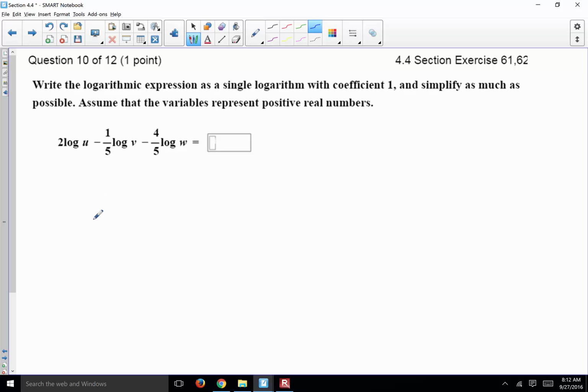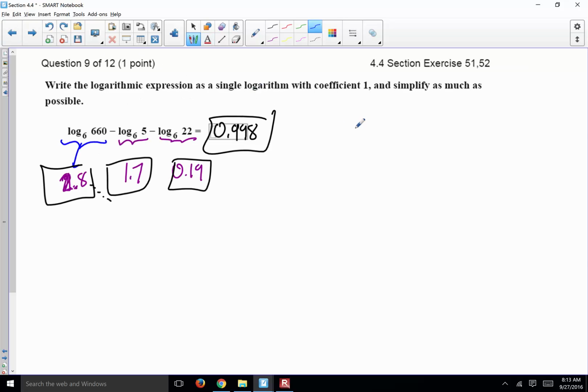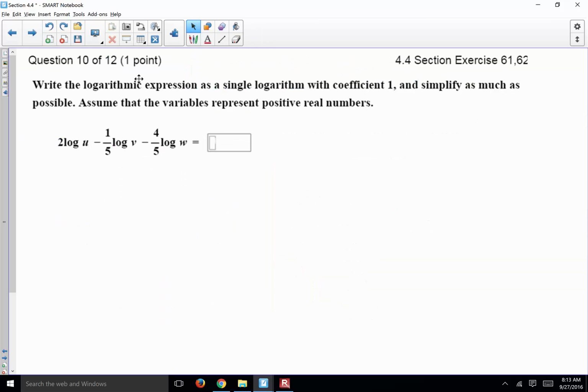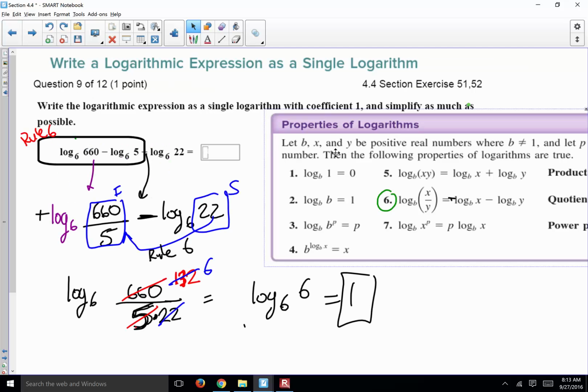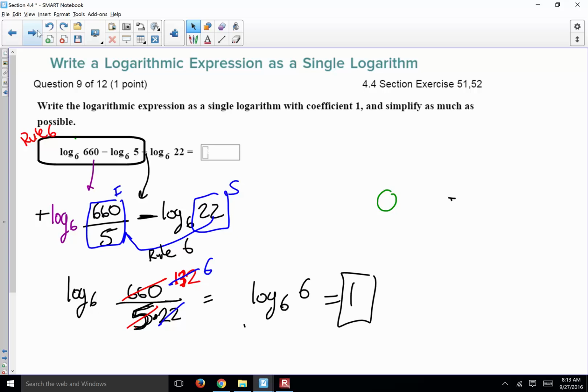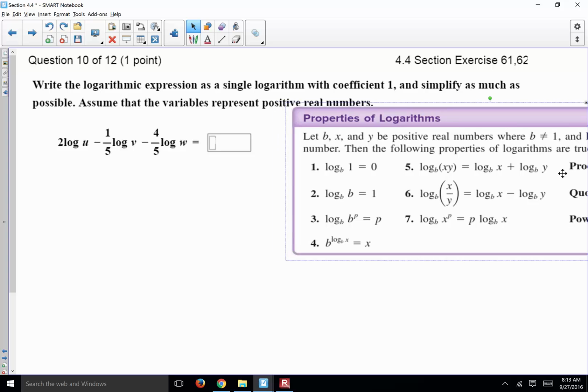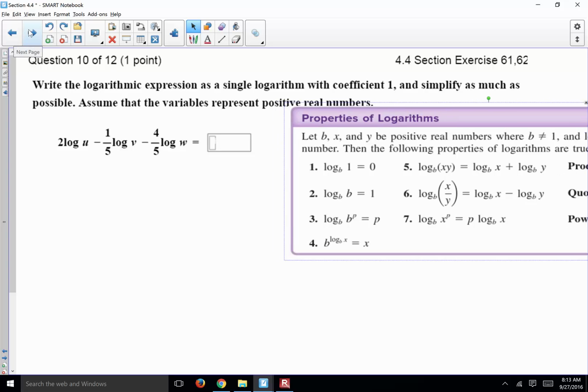All right, three different logarithms, combine them. It is your toolbox. There is something tricky here.